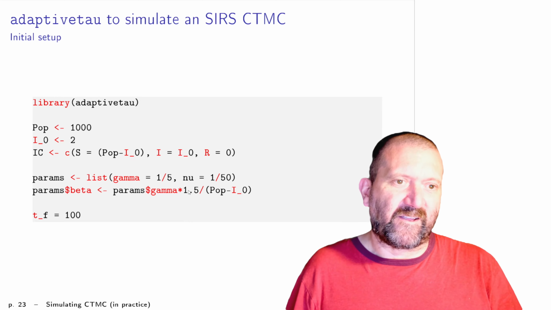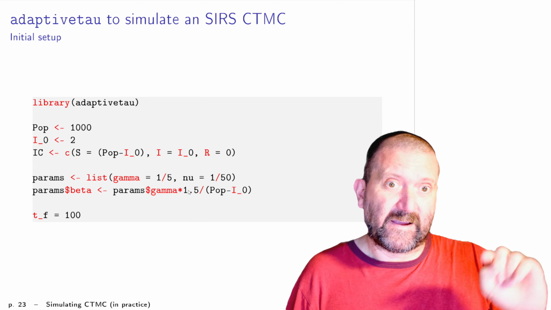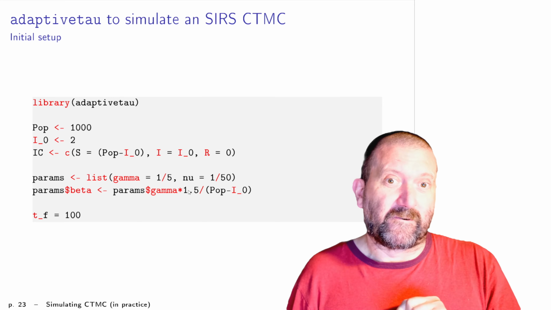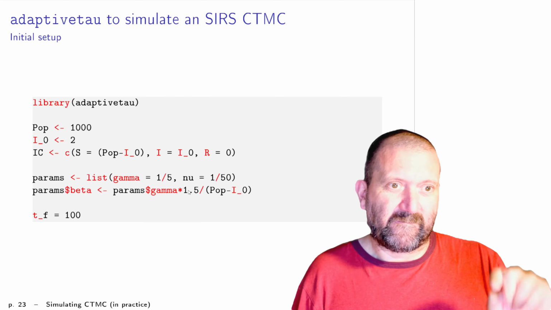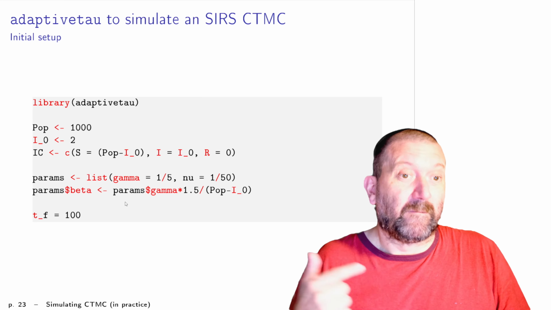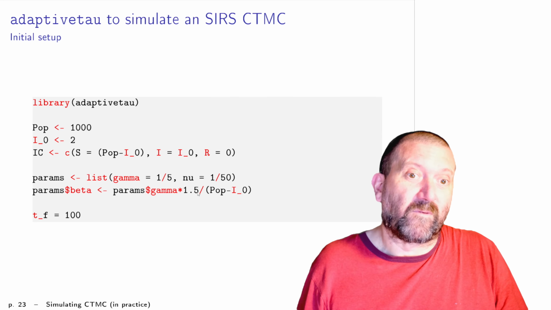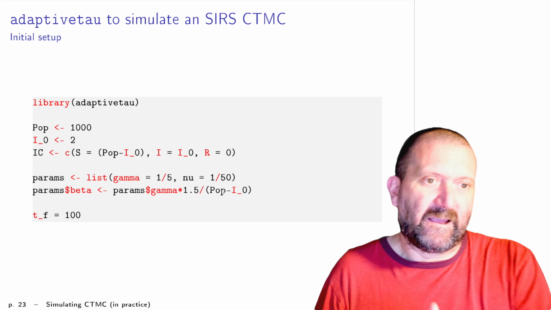In a model like this, the reproduction number would be beta divided by gamma times the initial population in the susceptible compartment, so beta divided by gamma times S0. So I can compute beta, knowing R0 is 1.5, as gamma times R0 divided by S0.